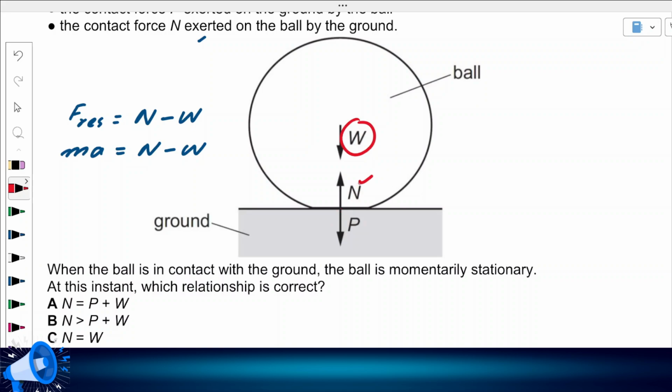The upward force is greater. That is the only reason the ball slows down and comes to a stop, and then after coming to rest, it bounces off. So the upward force in this case is greater than the other one, W. So N is greater than W.